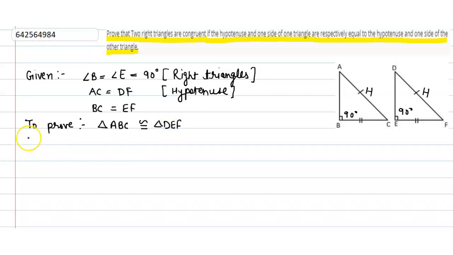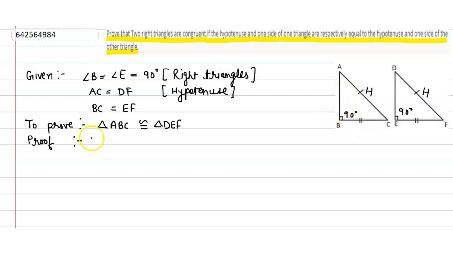So now let's prove it. We will prove the congruency between triangle ABC and DEF by using the Pythagoras theorem. As you know, according to the Pythagoras theorem, in a right triangle the hypotenuse square will always be equal to the sum of perpendicular square and base square.